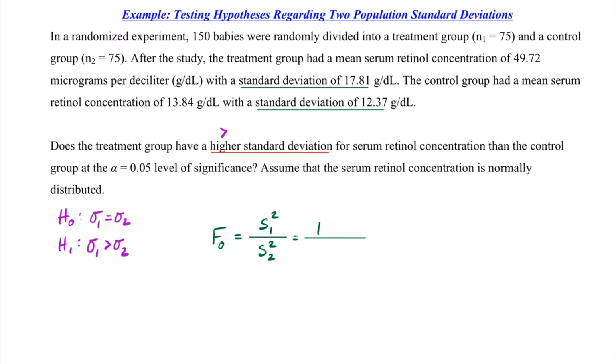So our value of s sub 1 would be that 17.81 and s sub 2 would be the 12.37. But as seen in our previous example, we want to make sure that we draw attention to squaring each of those values because we need to input the variance, but we were given the sample standard deviations. Well, if we input that into our calculators, we end up with a test statistic of approximately 2.073, and we're ready to find our p-value.